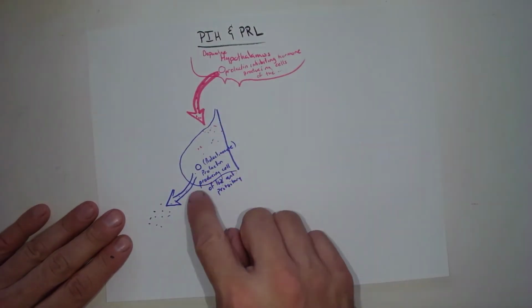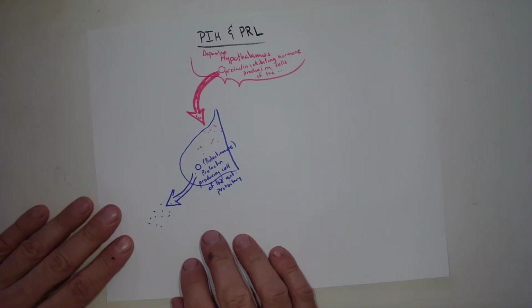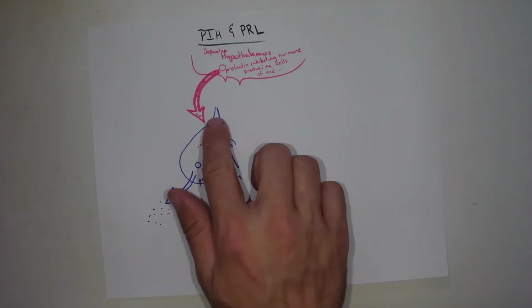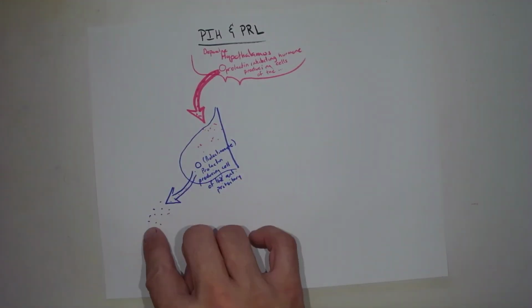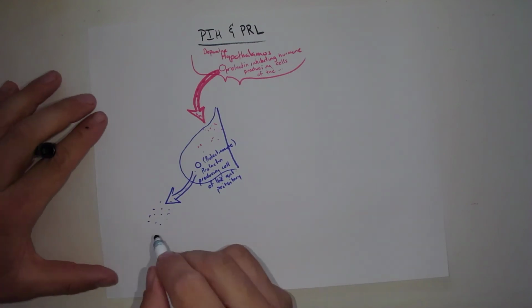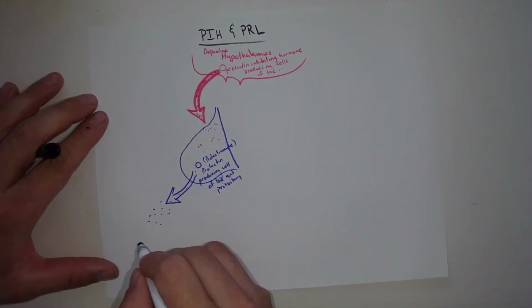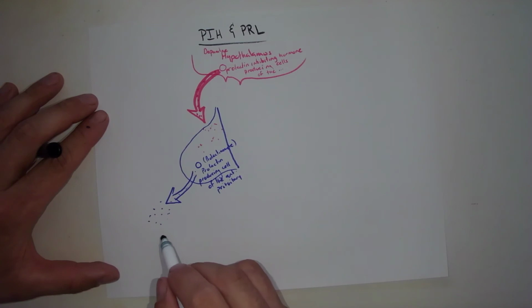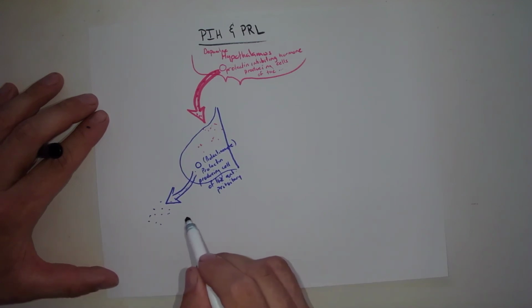Both PIH and prolactin are going to use second messenger systems to affect their respective targets. For PIH, that target is the anterior pituitary gland. For prolactin, the target is the breast tissue.